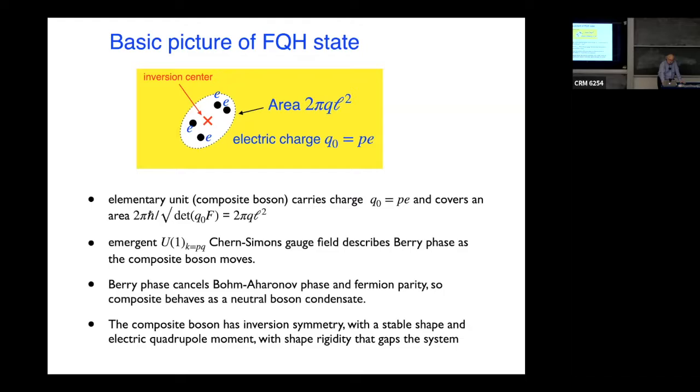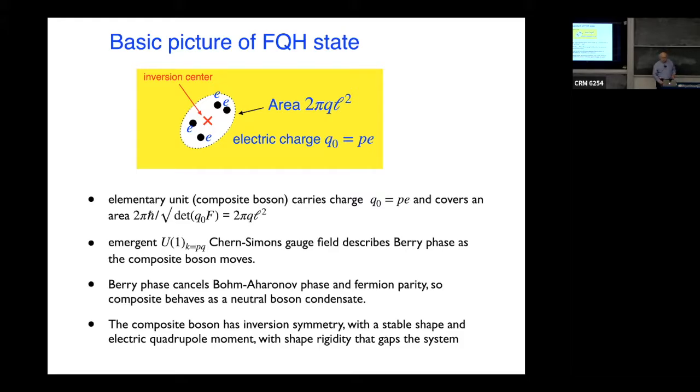And the basic point is what gives this stability. First of all, the boson has inversion symmetry, and it's got a stable shape and a stable electric quadrupole moment with a kind of shape rigidity, which is what gaps the system. So it's the stability of the shape, the fact that it minimizes energy with its definite shape, that gaps the system.